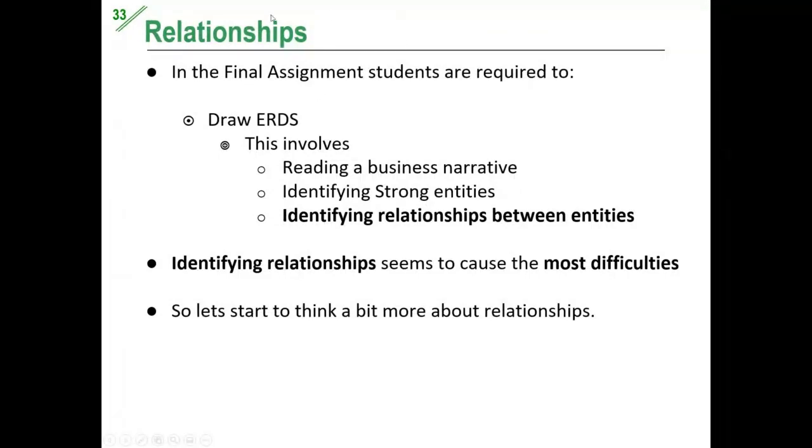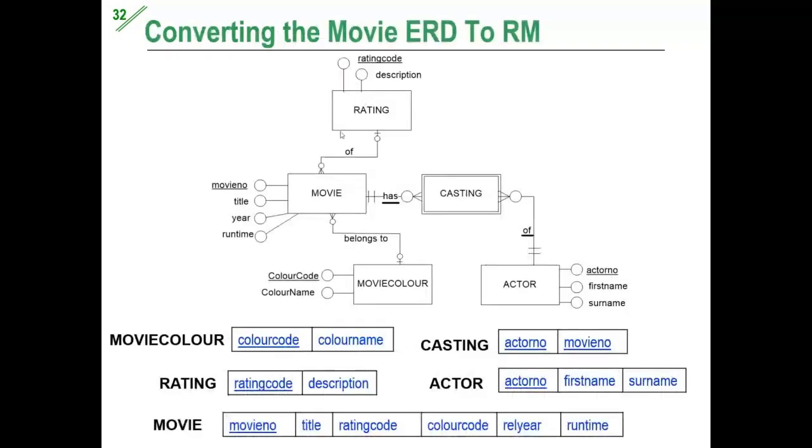So don't worry about that. In your final test, not the assignment, I'll give you a small case study, and then I'll ask you to draw this kind of model. So you need to know whether a particular entity is a strong entity or a weak entity. How are we going to distinguish them?